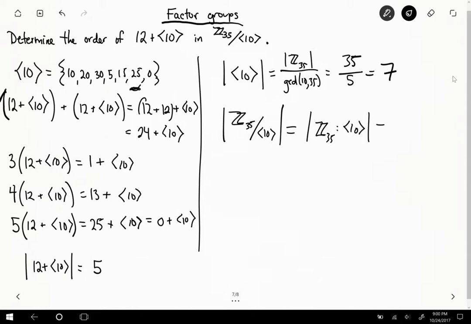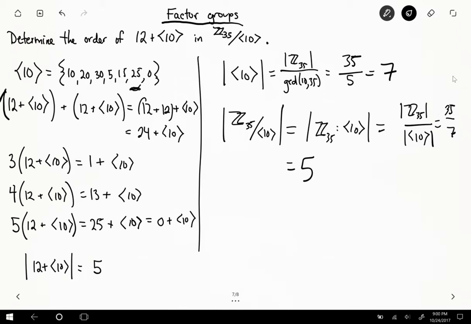So if we have this index, what is that going to be? Well, that's the order of Z35 divided by the order of this subgroup generated by 10. So that's 35 over 7. So this whole thing equals 5.